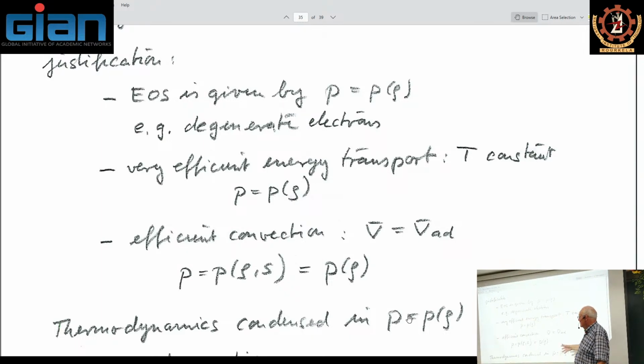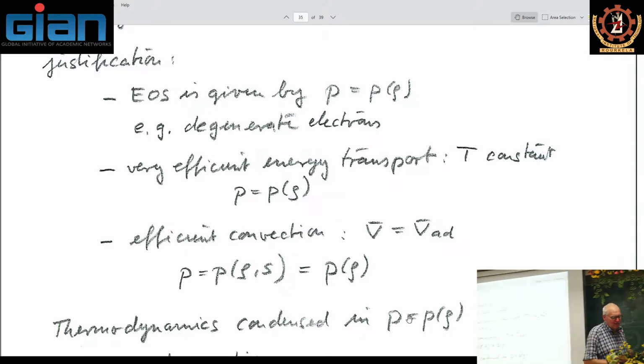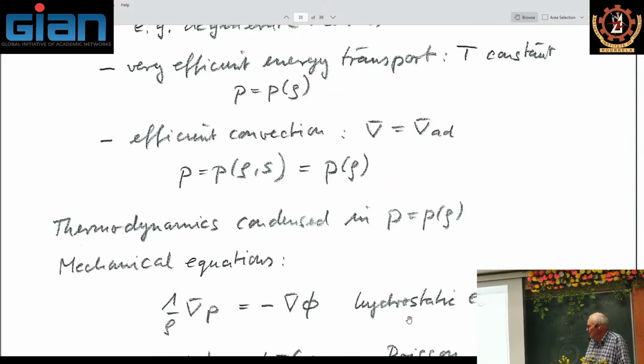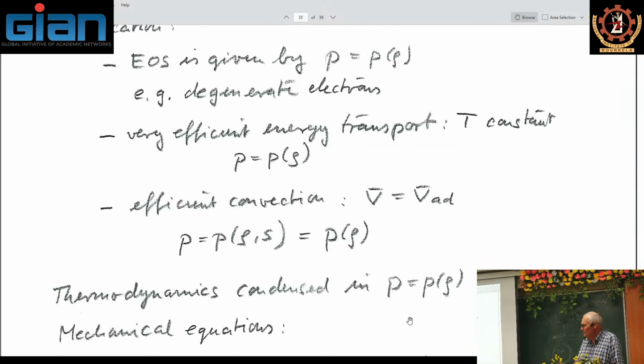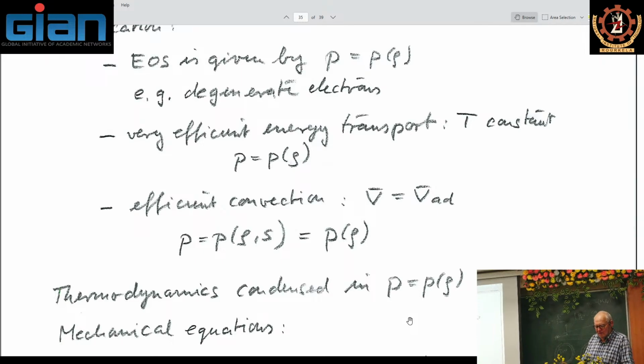So we assume that we can replace the thermodynamics simply by this formal pressure-density relation. And the question now is, what is the consequence? How can we solve the equations, and how do the solutions look? So we will continue this afternoon.